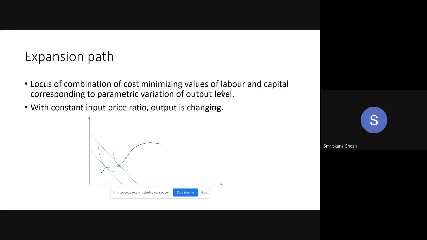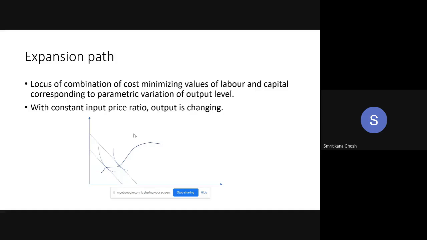That means if you increase the output level, then you are shifting from the lower iso cost to a higher iso cost with continuous increase in your total cost, and accordingly you will get the equilibrium points. If you just join all those equilibrium points, then you will get the expansion path.